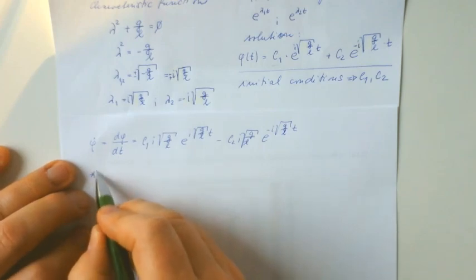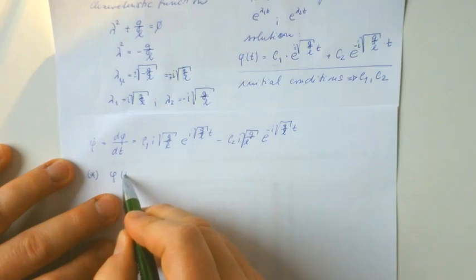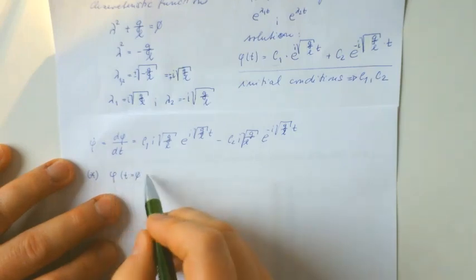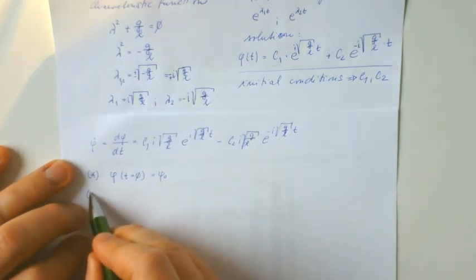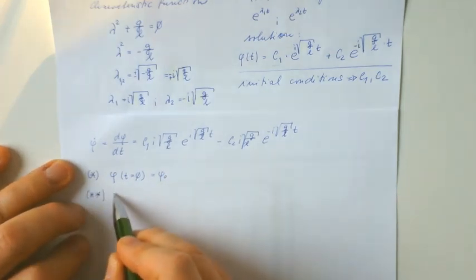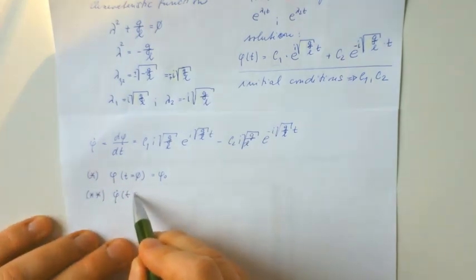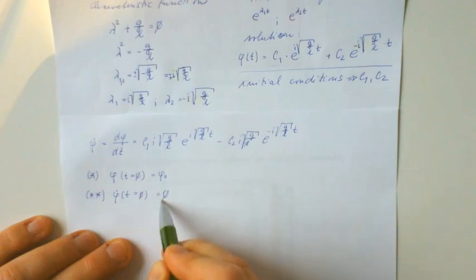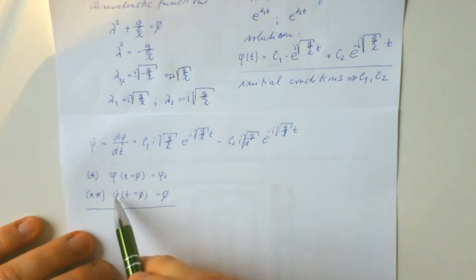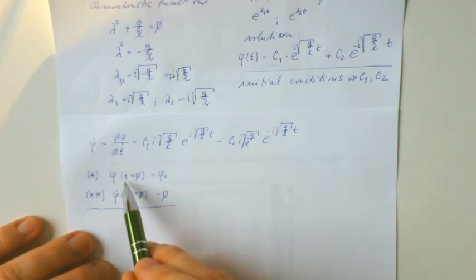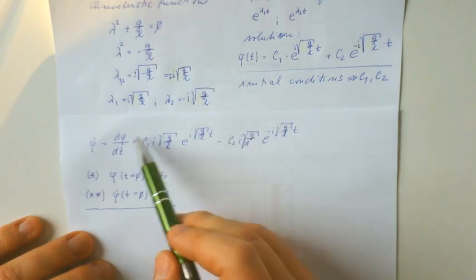So we have two initial conditions. The first is for angle at time equals 0, and it is phi 0. And the second is for angular velocity. When time is 0, the velocity was 0. And we apply these conditions to these two equations.